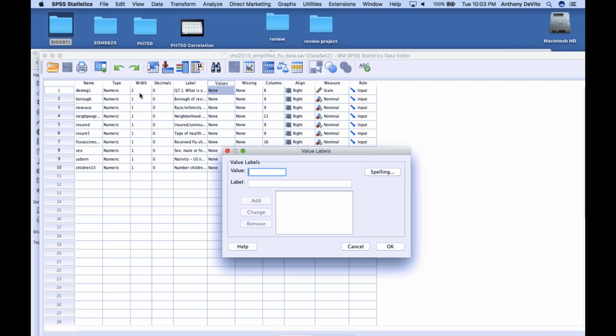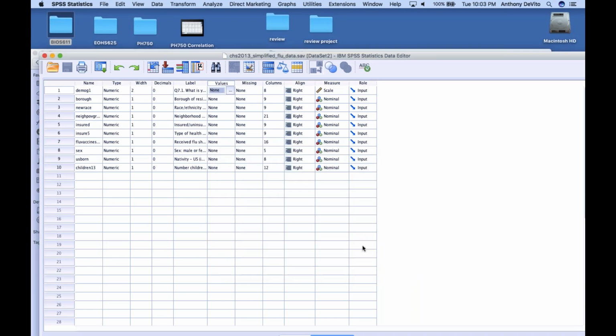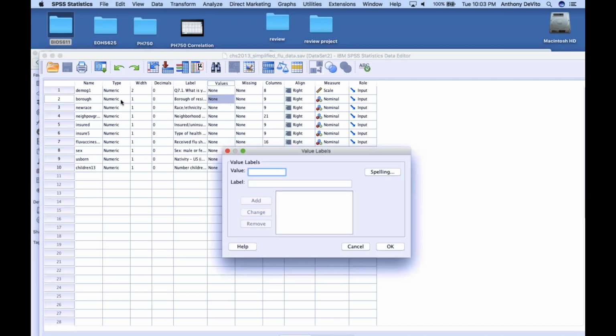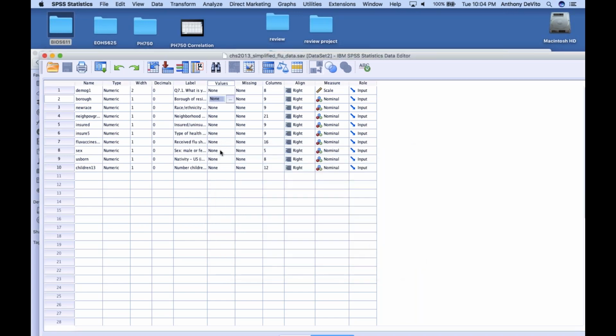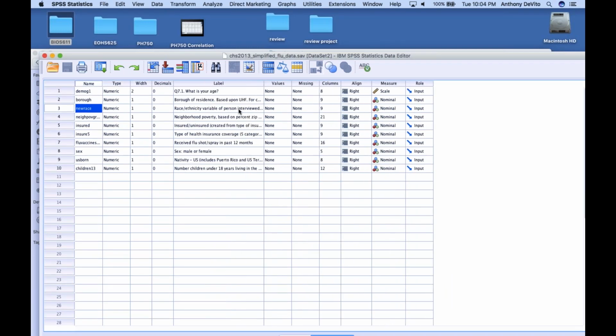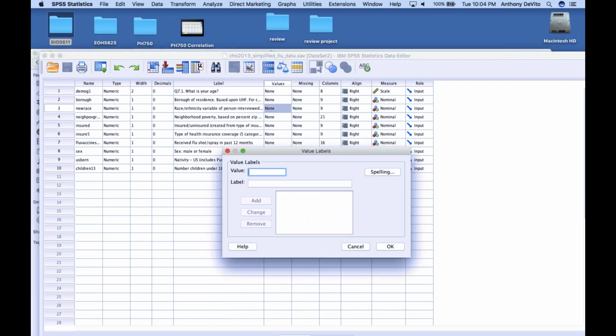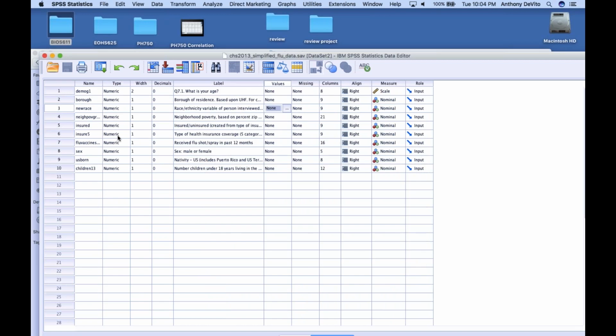Well, age you're not going to code because that's numerical, so we would leave that alone. But borough, you would need to indicate to this data set that borough 1 is the Bronx, 2 is whatever, 3 is whatever, just as we did before. New race, whatever that represents, race or ethnicity of the person interviewed. You would have to look up what the different numbers represent, and then indicate the values to SPSS.